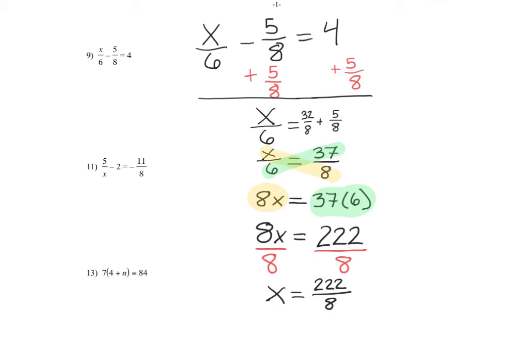Because those are both even numbers, 222 and 8, I can divide my numerator and denominator by 2 to simplify and end up with 111 over 4. If you are asked for a decimal response, you would get 27.75.